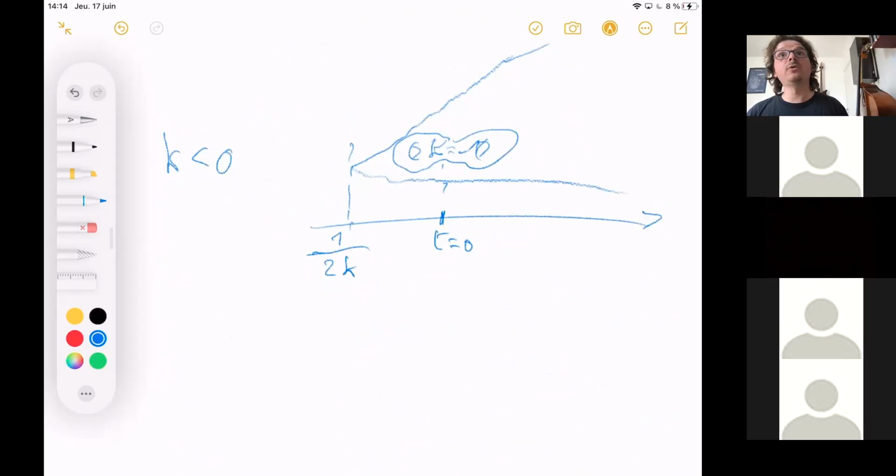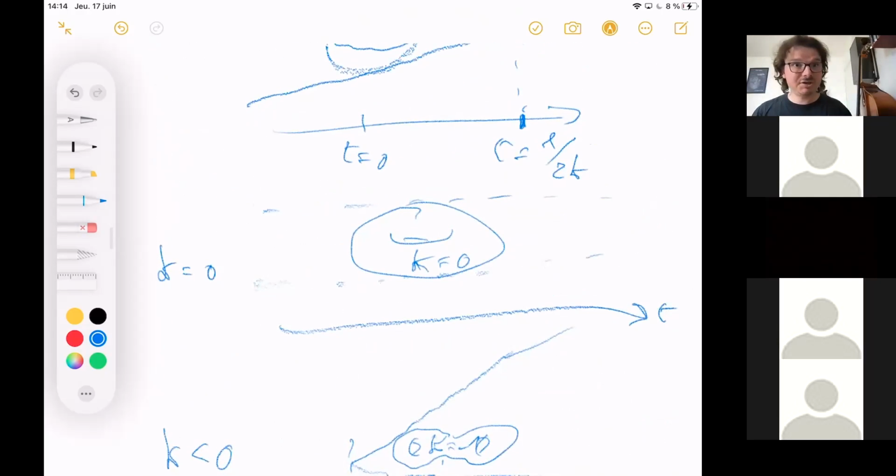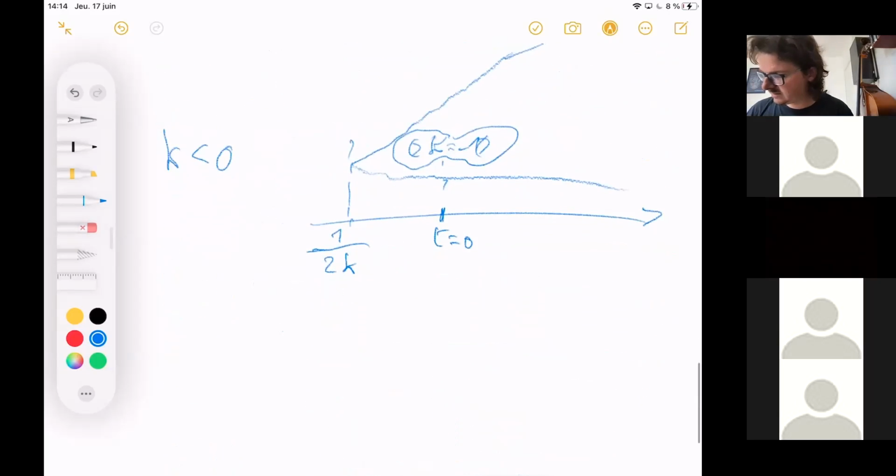Solutions which exist for all time in the future, like in this third case, are called immortal. And solutions which exist for all time in both directions are called eternal. And you see that the existence of such solutions on a manifold seems to be sensitive to the sign of curvature, though it's not that clear.